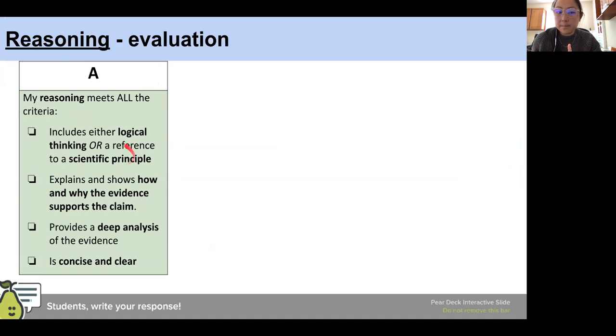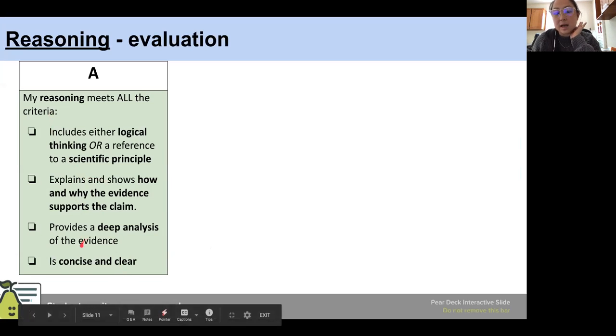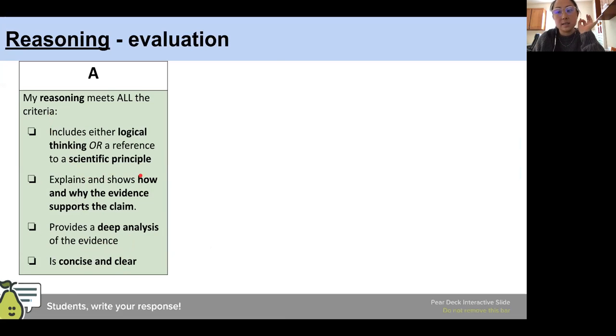In your reasoning, you have to explain how the evidence supports the claim, of course. You need to provide a deeper analysis, and that deeper analysis often goes hand in hand with explaining a scientific principle. And then of course you want to make sure it's concise and clear, so you're not repeating yourself too much.